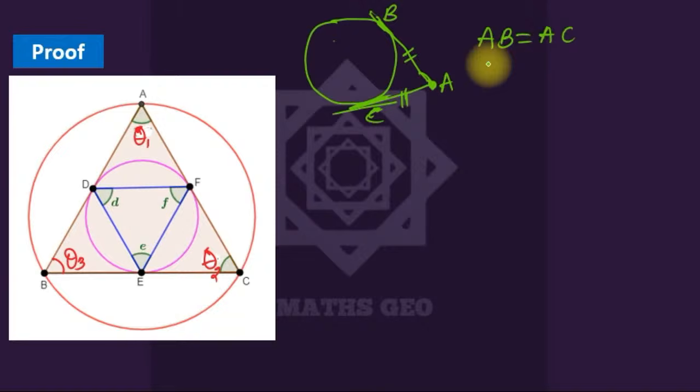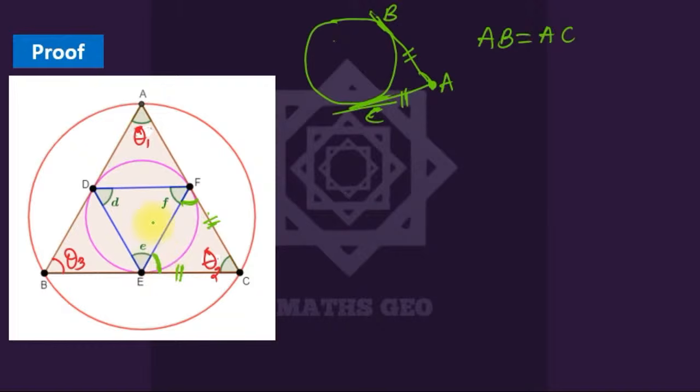So using our alternate segment theorem, we can solve. So let's go to the diagram. As you can see, this length and this length are equal. So we have an isosceles triangle. Do you see it? So this angle and this angle must be the same thing. Yes. So what was it?